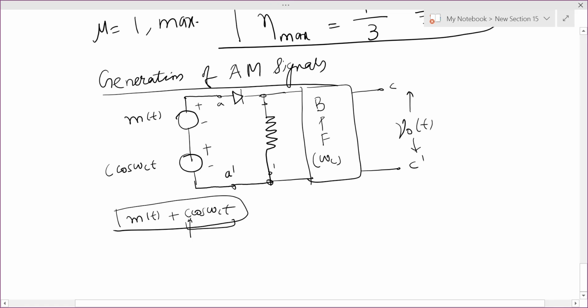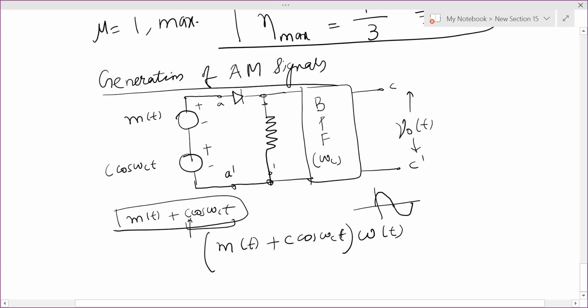What happens is, in the positive part of this cosine signal, the diode will be forward biased, short circuit, on, and in the negative half, the diode will be reverse biased, off. So in other words, the effect of the diode is such that this m of t plus C cos omega c t gets multiplied with an on off signal, which we call W of t.